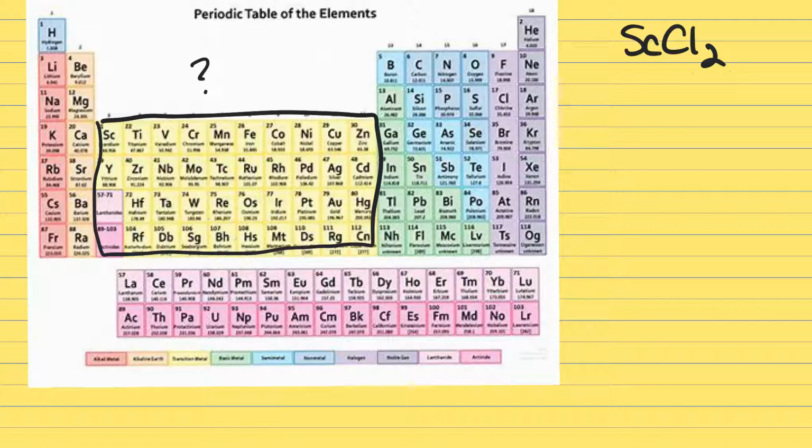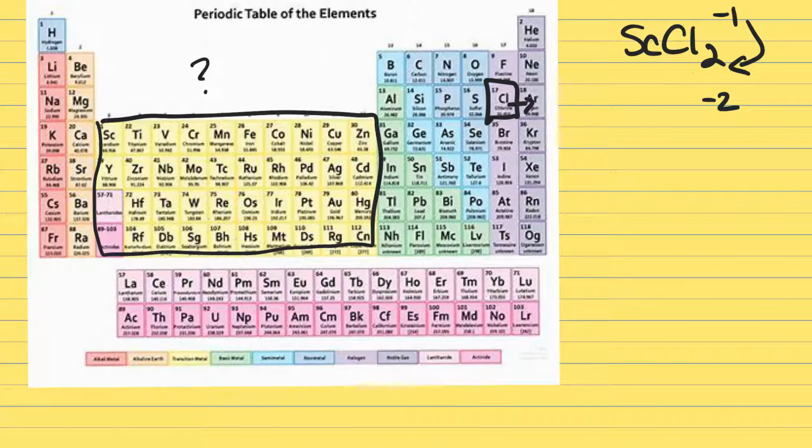So for example, we know that chlorine has a charge of -1. How many chlorines do we have? We have 2 of them, so this has an overall negative charge of -2.